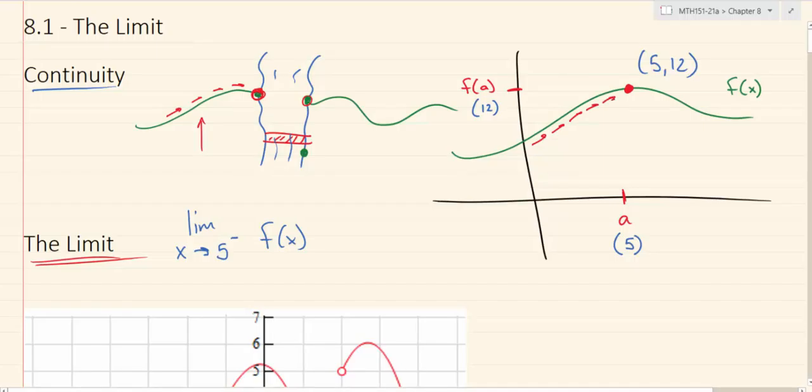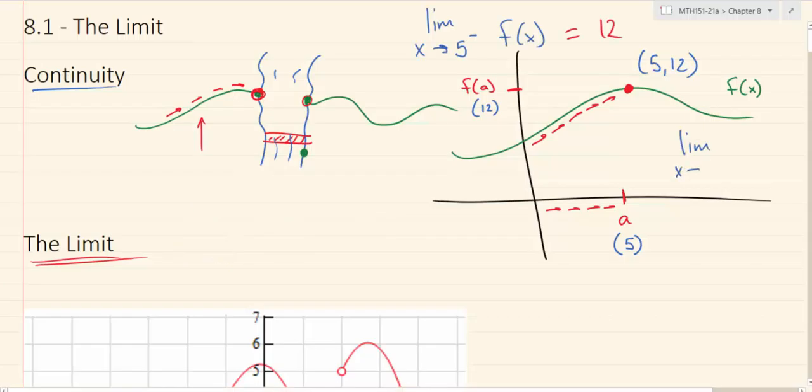So as a gets closer and closer to 5, what value does y approach? Our y-coordinate gets closer and closer to 12. So we would say the limit as x approaches 5 from the left of f of x is equal to 12. What about the limit as x approaches 5 from the right of f of x?